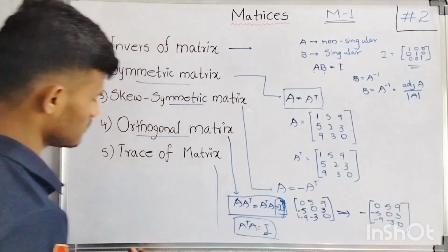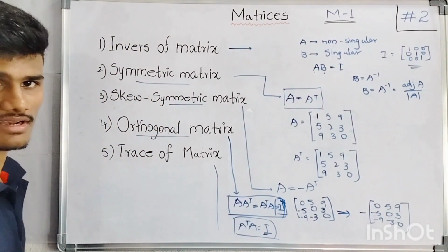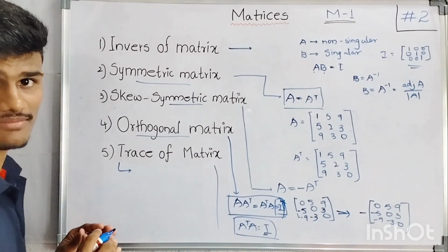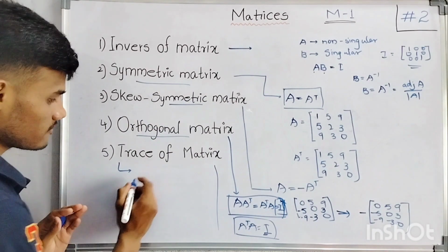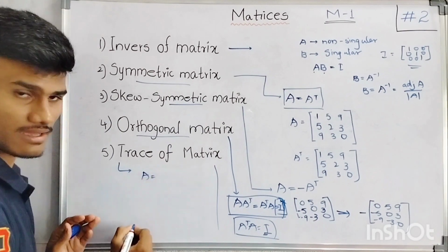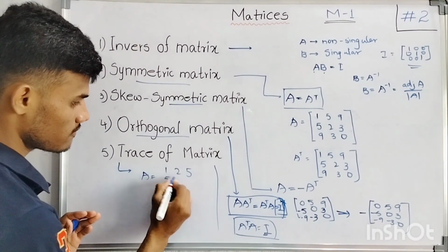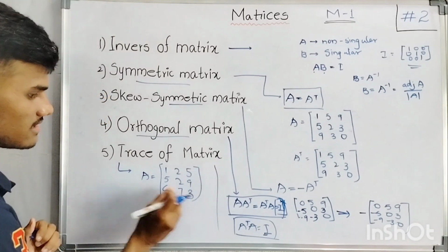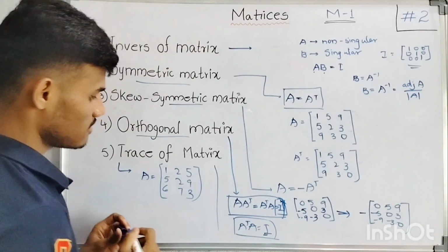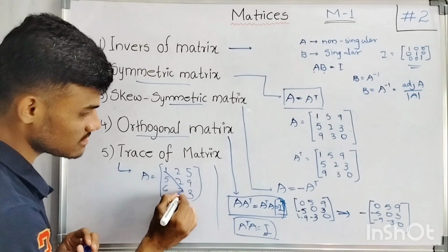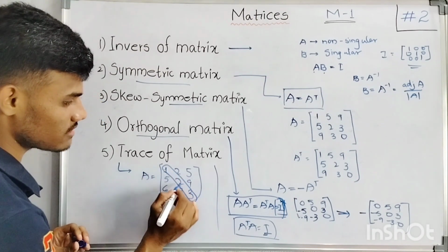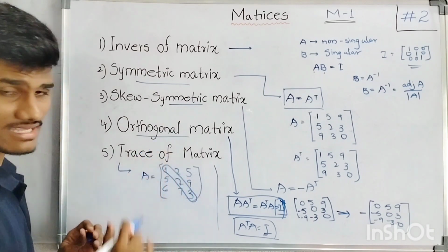Then next, what is the trace of a matrix? Trace of a matrix is nothing but the sum of diagonal elements in a matrix A. For example, A is a matrix 1 2 5, 5 5 2, 9 6 7 3. For example, this is a matrix A. The sum of diagonal elements: these are the diagonal elements, which are 1, 2, 3.